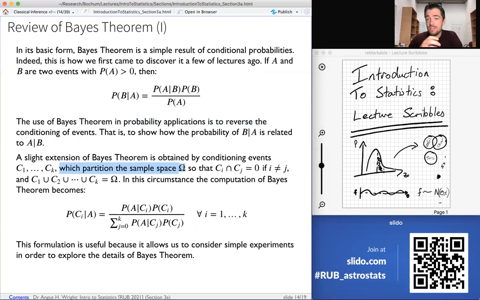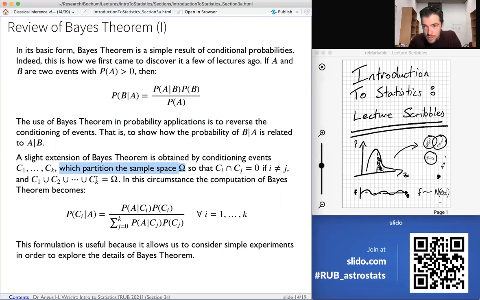That means that the intersection of any two outcomes is 0, so they do not overlap in the sample space at all, but the union of all of these different outcomes is the sample space. So the union of C1, C2, all the way through to CK is the sample space.